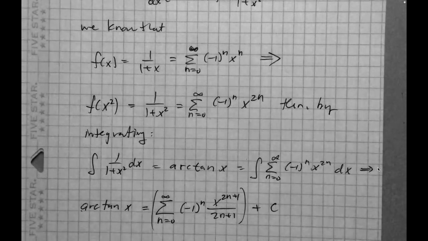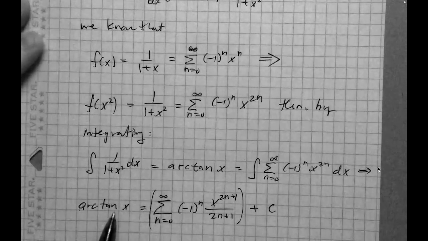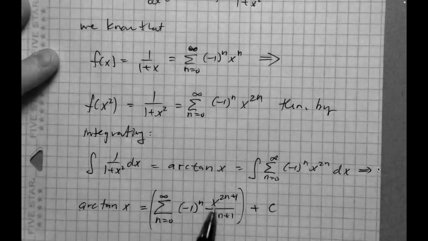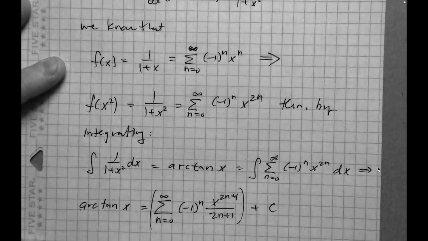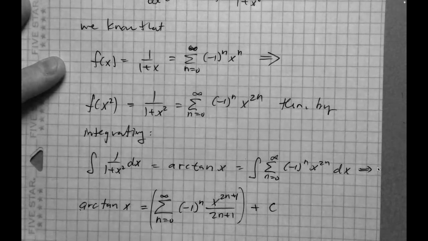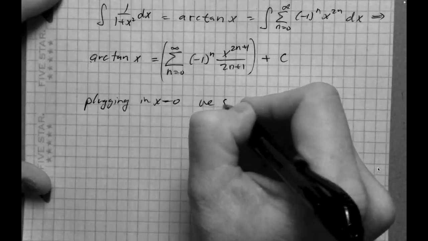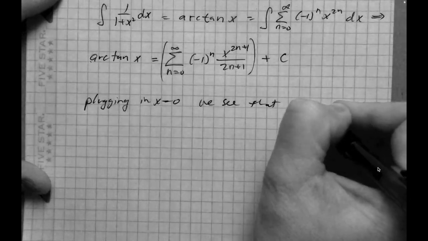Now, just like before, this is centered at 0, so let's plug in 0. And when we do that, we get arctan of 0, which is 0. And then this is obviously all going to be 0 as well. And so c will be 0. So plugging in x equals 0, we see that c equals 0.